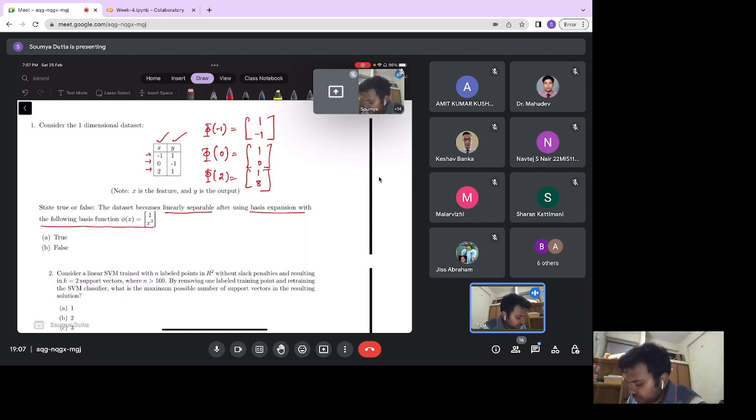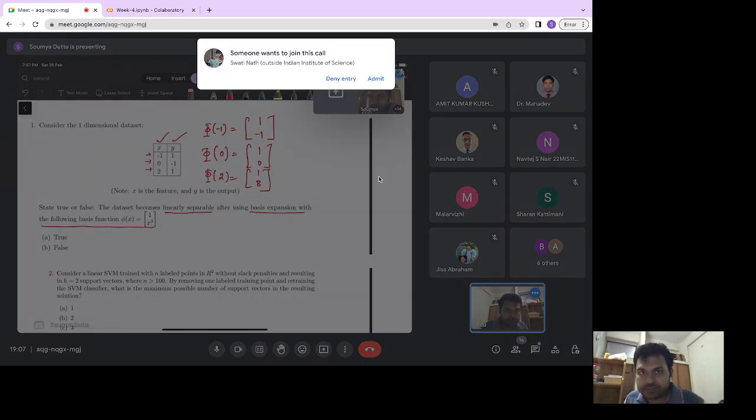So these are the 3 points in the new basis that has been given to you. Can somebody, just looking at these 3 points, tell whether they're linearly separable or not? These are our two-dimensional points. Just by looking at them, can you figure out whether it is separable or not?